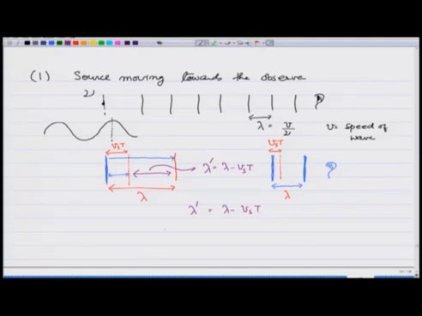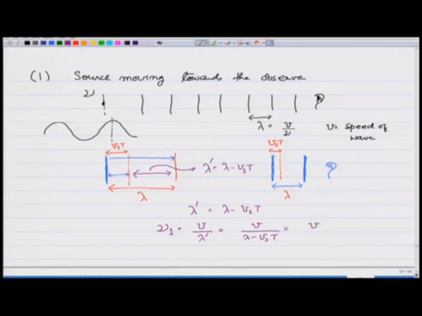So, the frequency that person is going to hear, which I will call nu 1, is going to be the speed of wave divided by lambda prime, which is v divided by lambda minus v s t. Let us write everything in terms of the original frequency.